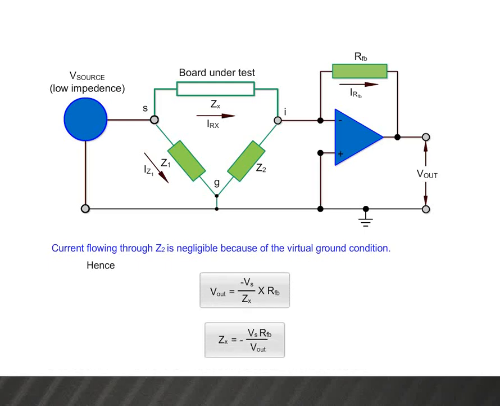Current flowing through Z2 is negligible because of the virtual ground condition. Hence, V out is equal to minus Vs by Zx into RFB. Zx is equal to minus Vs RFB by V out.